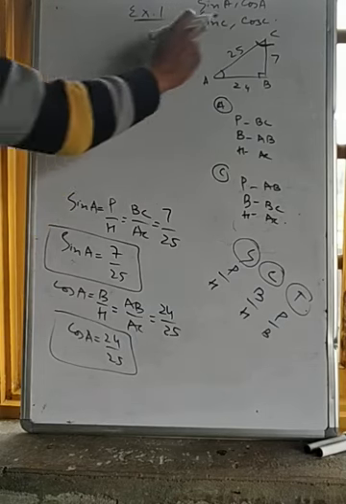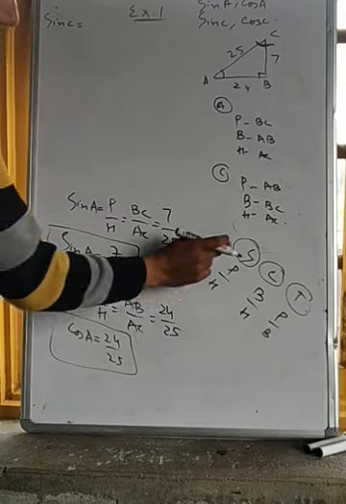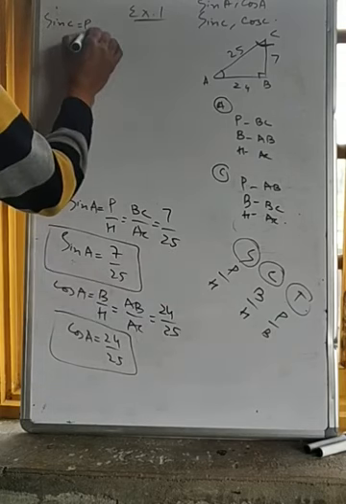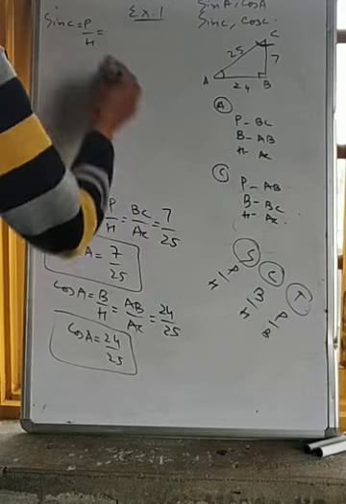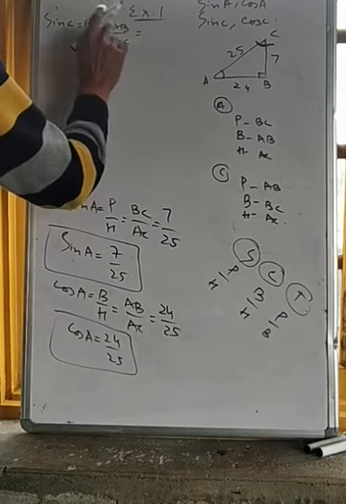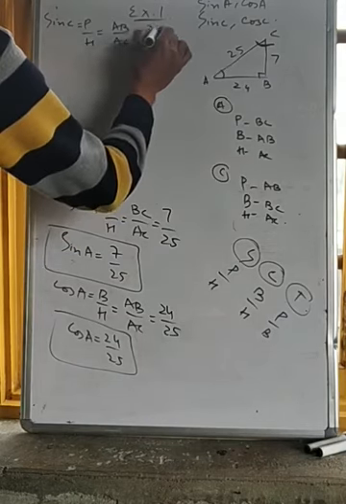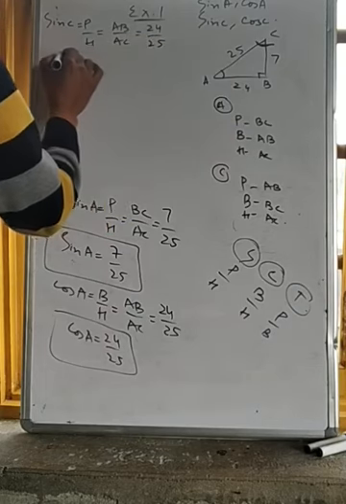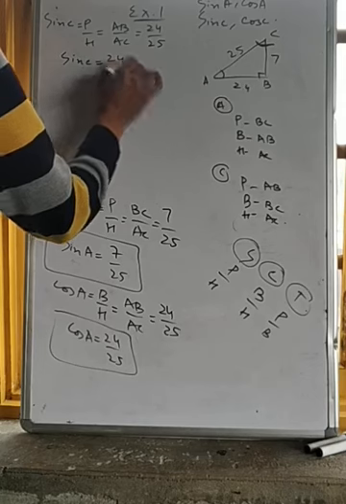Now we have to find sin C, and we know that sin is equal to perpendicular divided by hypotenuse. For angle C, the perpendicular is AB and hypotenuse is AC. AB is equal to 24, AC is equal to 25, so sin C is equal to 24 divided by 25.